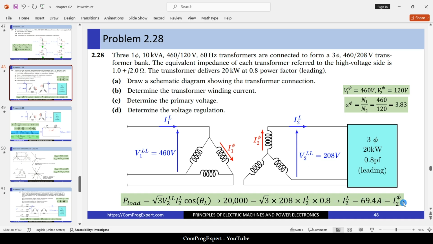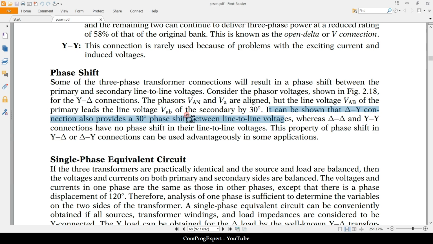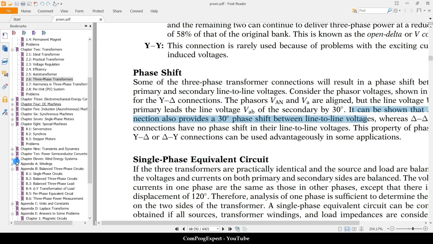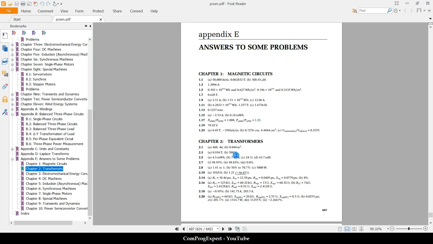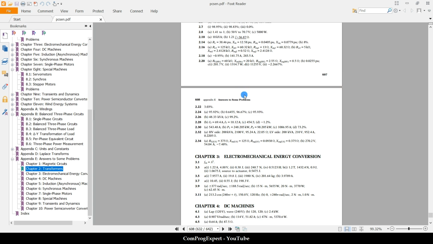This is equal to the phase current for the secondary side. Let's check the numbers here for this problem.